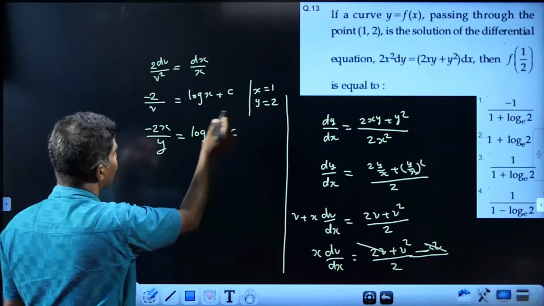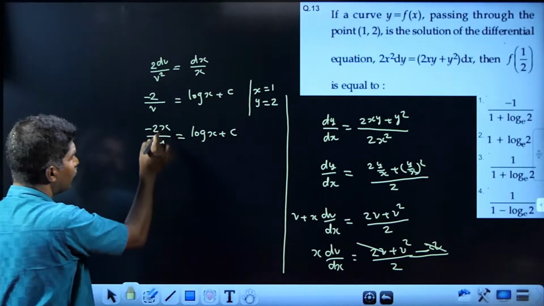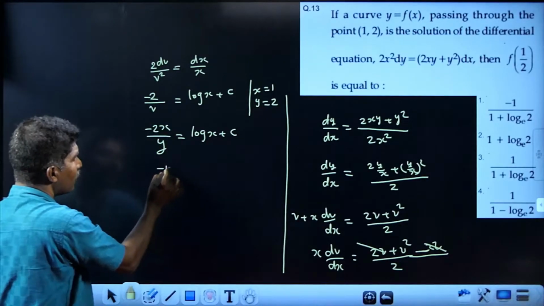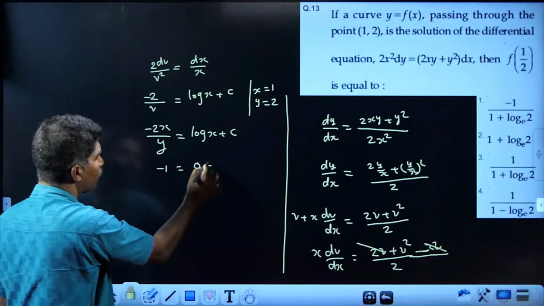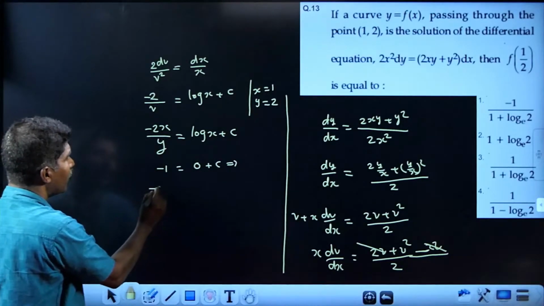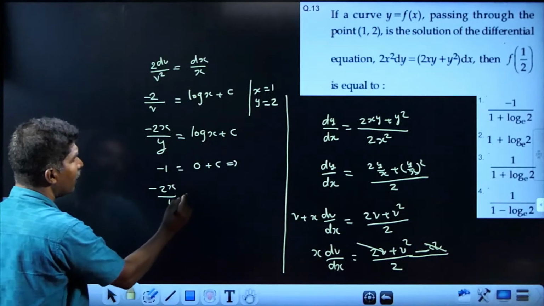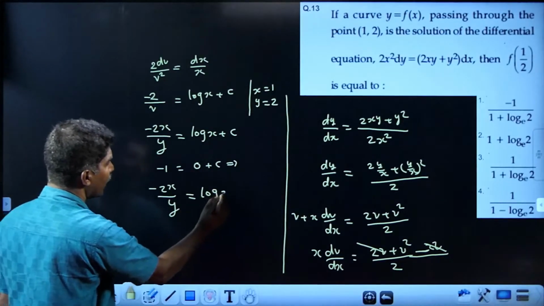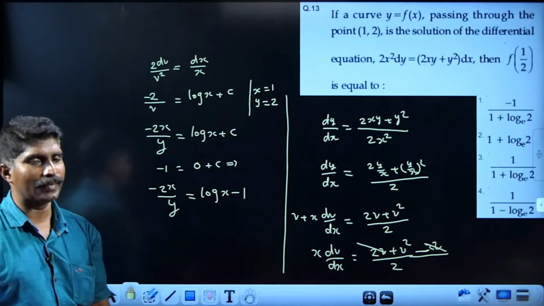Putting x equal to 1 and y is equal to 2, the 2s cancel, minus 1 is equal to log 1, which is 0, plus c. That implies we can say that the equation is negative 2x divided by y is equal to log x minus 1.